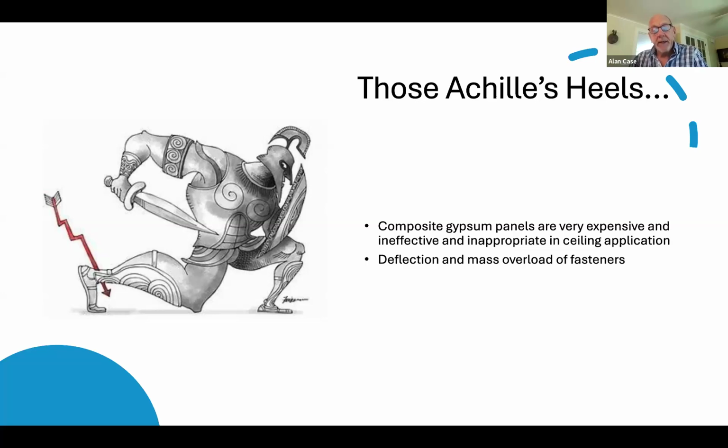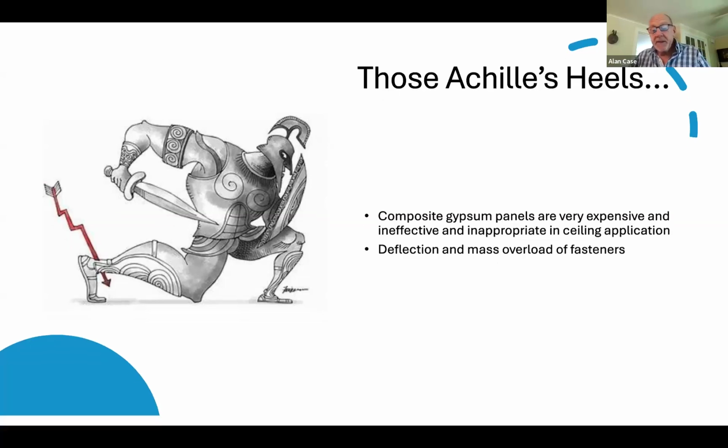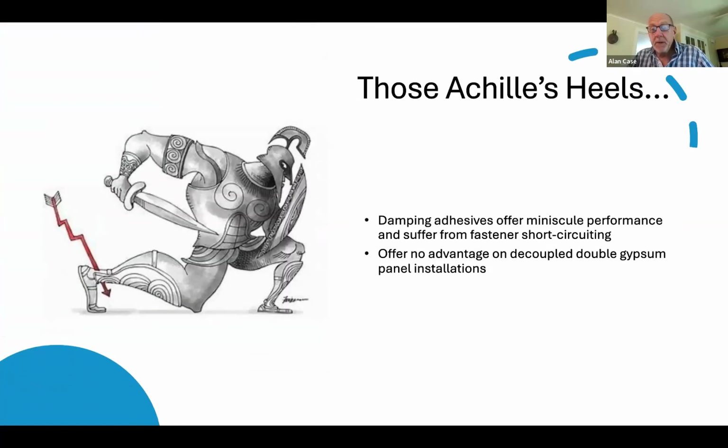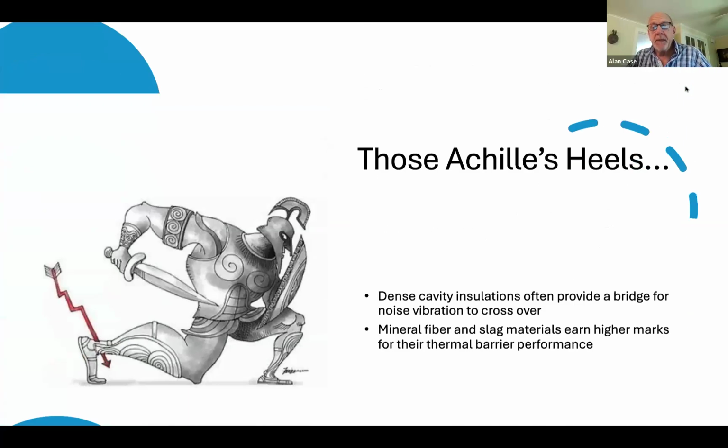That's called air spring. So all you need to do to control that is to put soft isolating material inside that cavity, and nothing outperforms just unfaced fiberglass batt in the laboratory, and you solve the air spring problem.